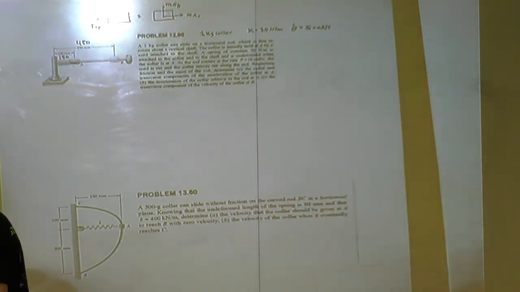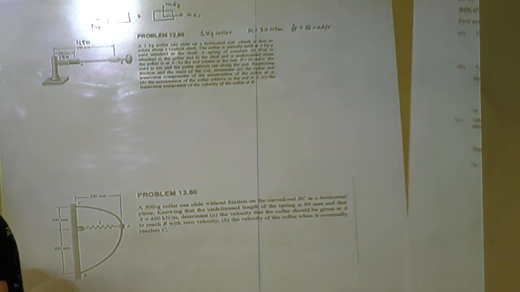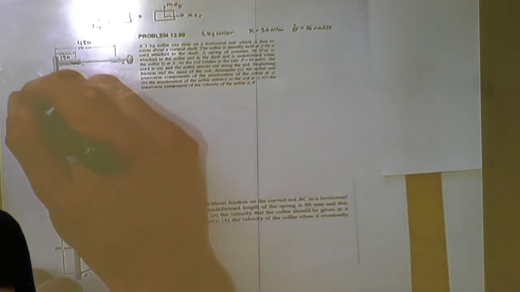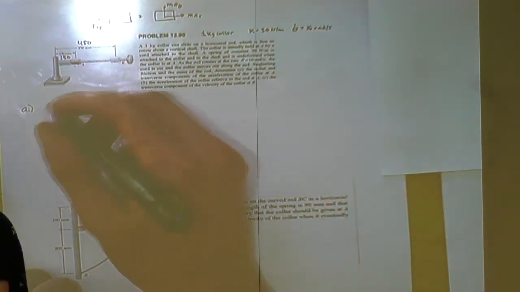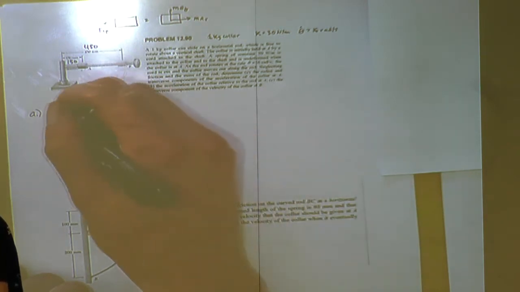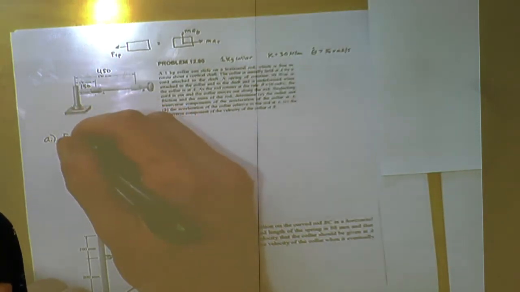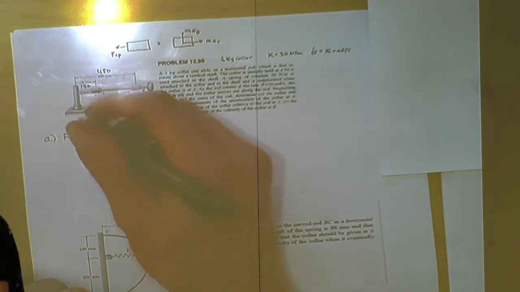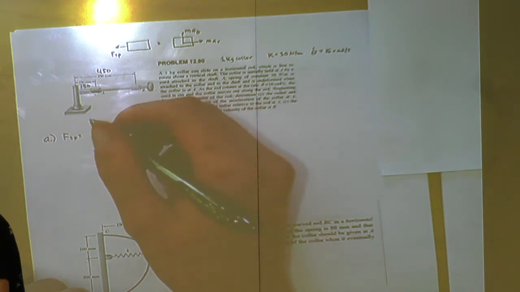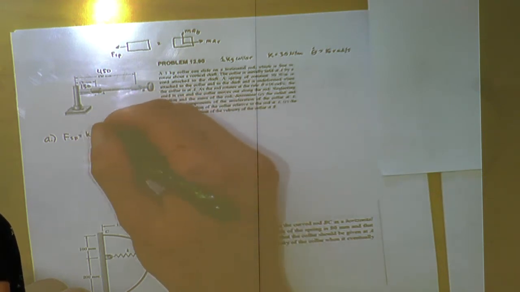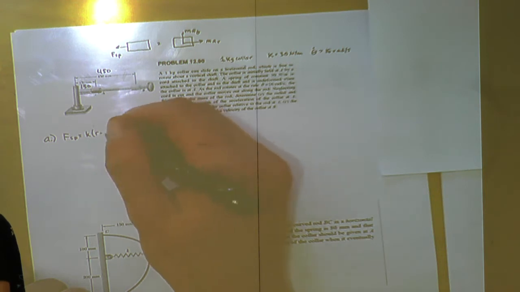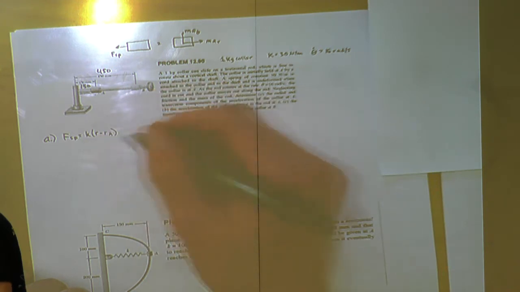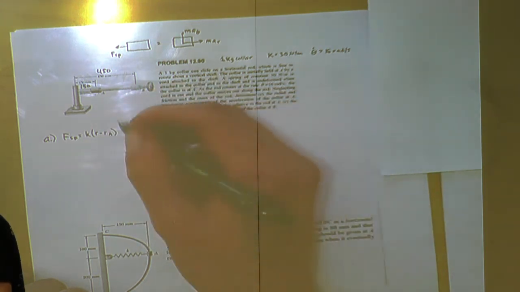So we will move through that. For the first part, we have spring force equal to k times (r minus r_A), where r_A is the unstretched length of the spring.